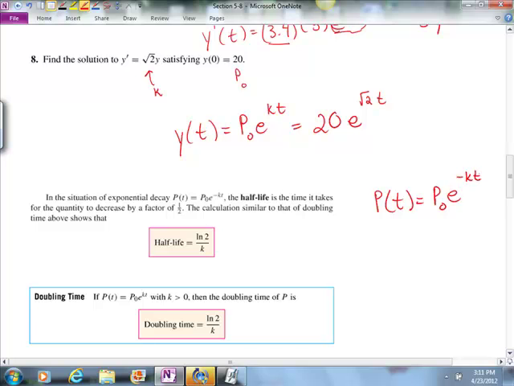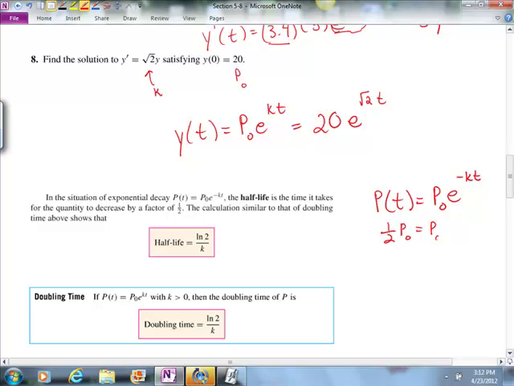Well, if you think about it, it doesn't even matter how much you start with. If you want to know how long it will take for you to end up with half of what you started with, then you could just replace p of t with half of what you started with, no matter what that is, just like that.